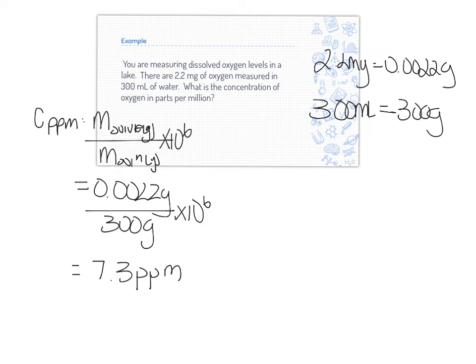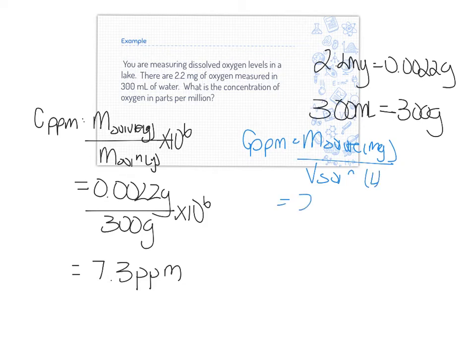Now, again, if you want to see that with our other formula, just to prove that it works, the concentration in parts per million is equal to the mass of solute in milligrams divided by the volume of solution in liters.